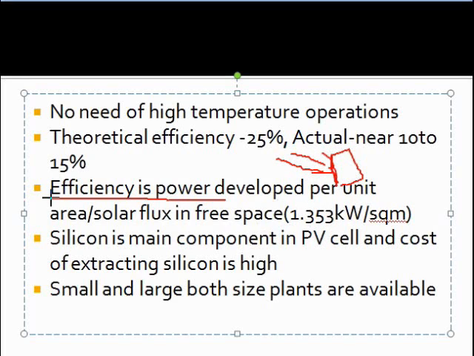So this is the efficiency of the solar panel. Generally the power developed per unit area, I have told, say some 100 watt, and what the sun actually gives is 1.3 kilowatt. So if we take the ratio, we will get the efficiency of the solar panel.